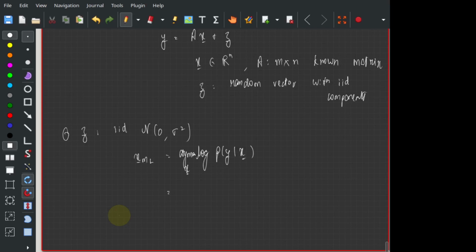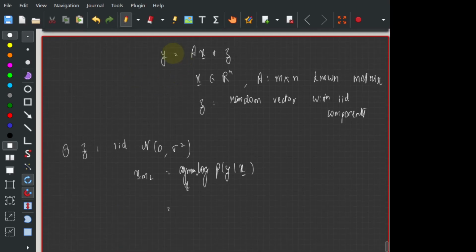In this case, the mean is A times X, and the covariance matrix is the same as the covariance matrix of Z, which is sigma square times the identity matrix.